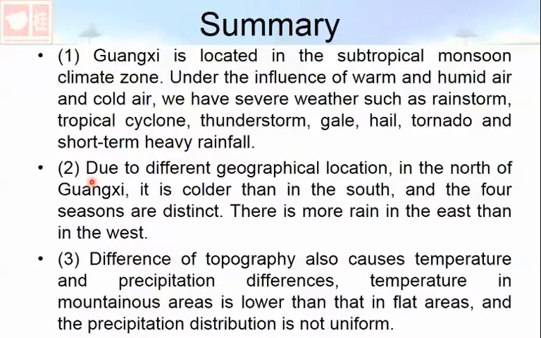The four seasons are distinct. There is more rain in the east than in the west. Third, difference of topography also causes temperature and precipitation differences. Temperature in the mountainous areas is lower than that in flat areas, and the precipitation distribution is not uniform.